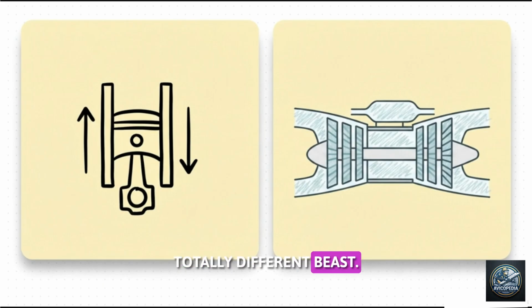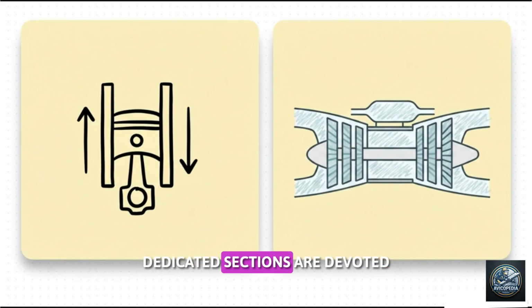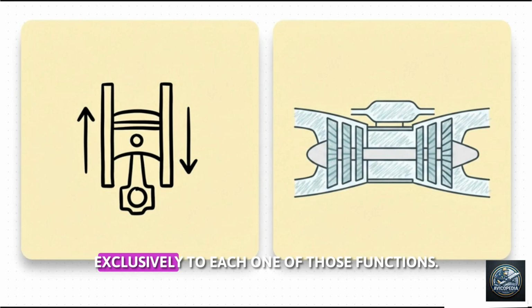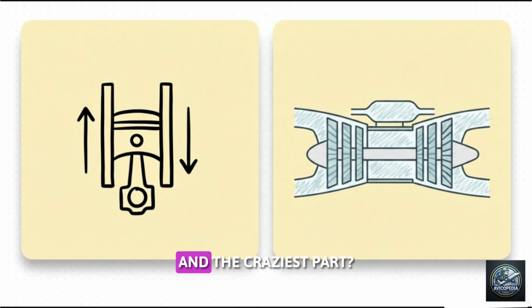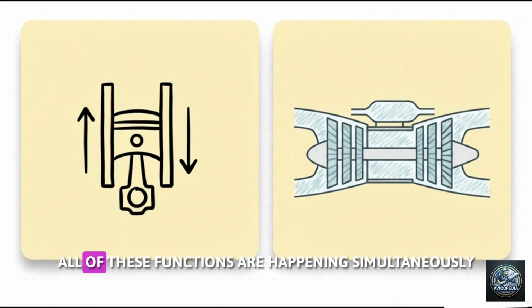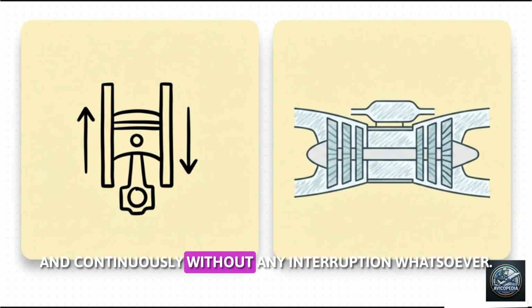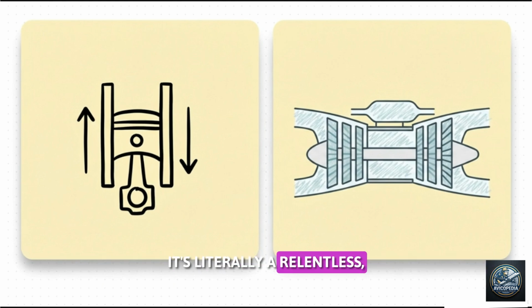Totally different beast. A huge feature here is that separate, dedicated sections are devoted exclusively to each one of those functions. And the craziest part? All of these functions are happening simultaneously and continuously, without any interruption whatsoever. It's literally a relentless, ongoing flow of energy.